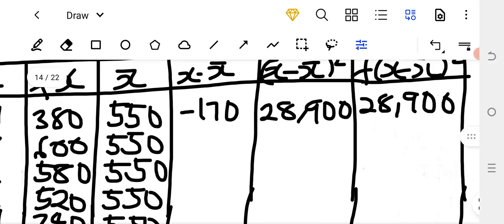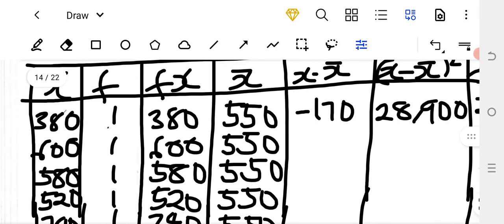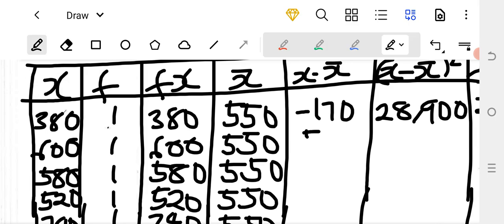The next one is 600 minus 550, which gives you a positive 50.